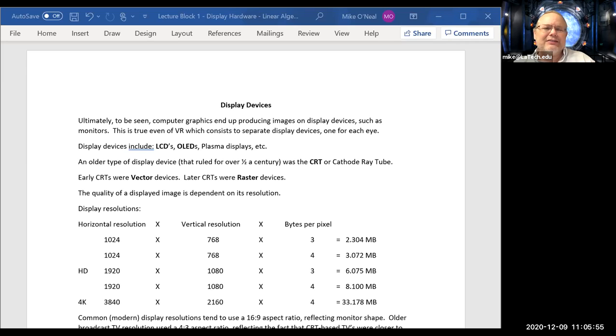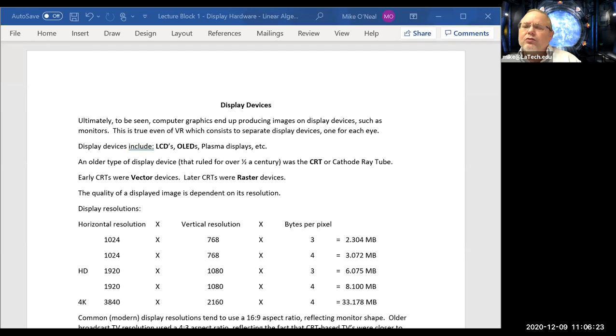The display devices that are out today include LCDs, liquid crystal displays, OLEDs, organic light-emitting diodes. You might still find a plasma display somewhere. But basically all of these technologies these days are built to light up lots of very tiny pixels.